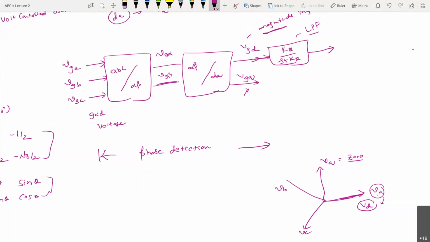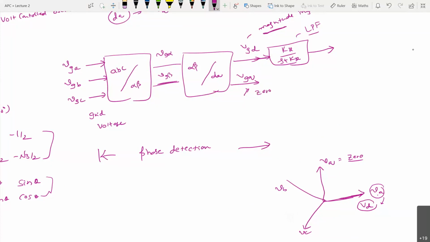Theoretically, it is complete when the steady state error is zero, when the frequency or phase angle of the grid and the output of the PLL are identical. In this case, this will be 0.